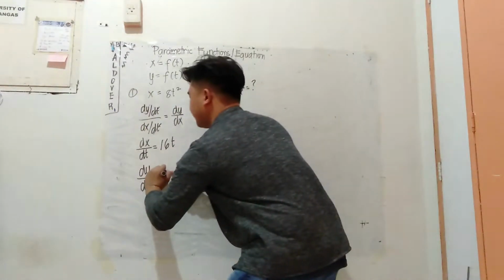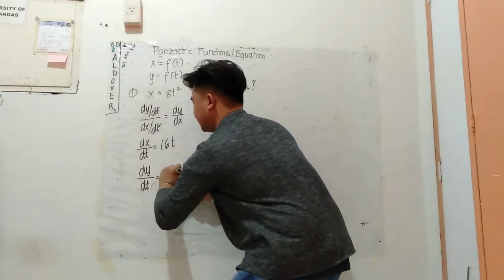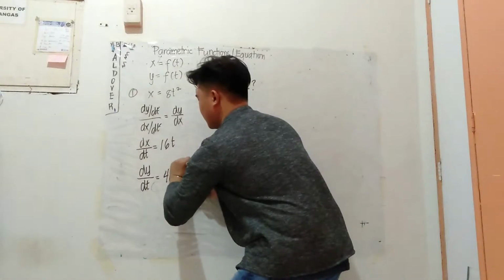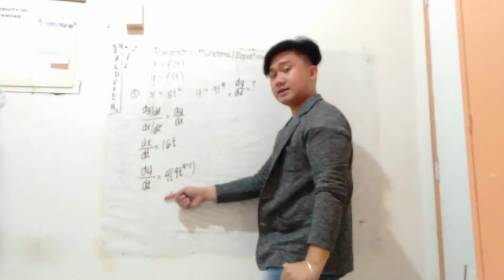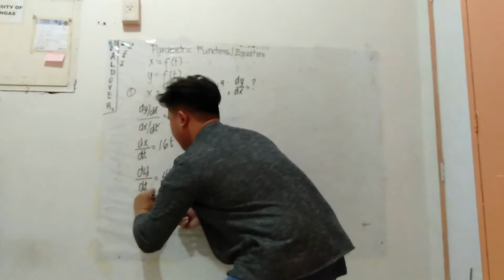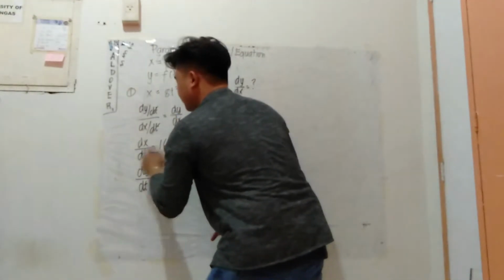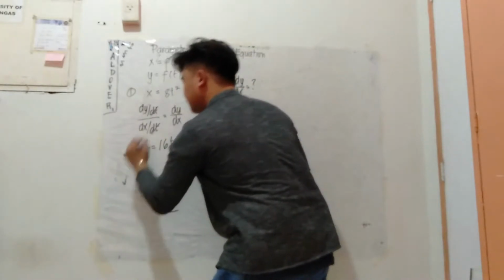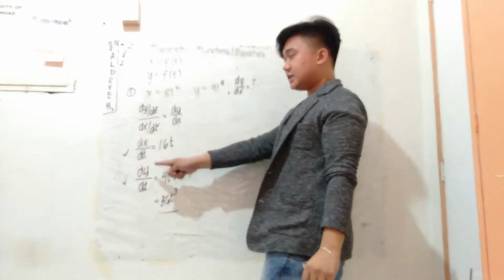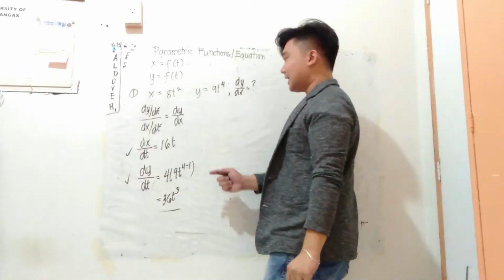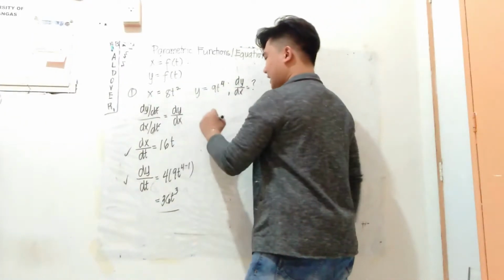So, bababa si 4 times 9t dahil bumaba si 4, bawasan ko ng isa. Okay? So, this will become 36t cubed. So, meron na akong dx, meron na akong dy.